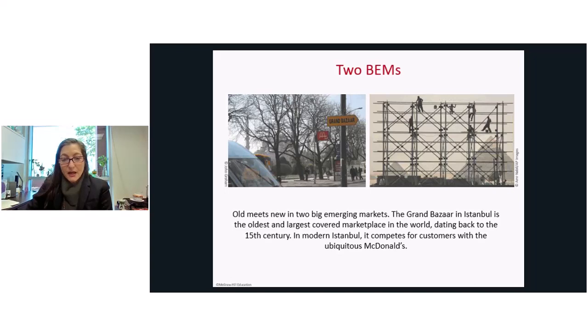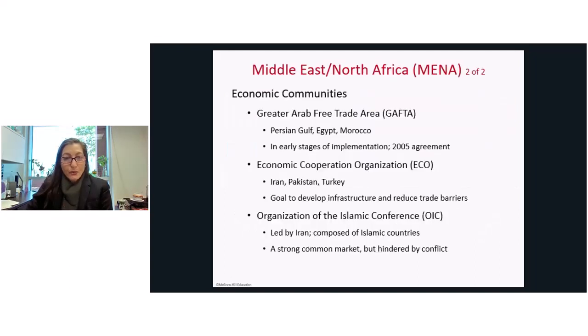Now, across Middle East and North Africa, we have various economic communities. We have the Greater Arab Free Trade Area. So here we're talking about the Persian Gulf, Egypt and Morocco. This is a 2005 agreement, but they're relatively still in the early stages of implementation.